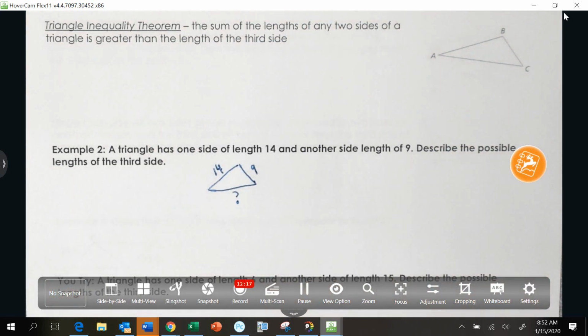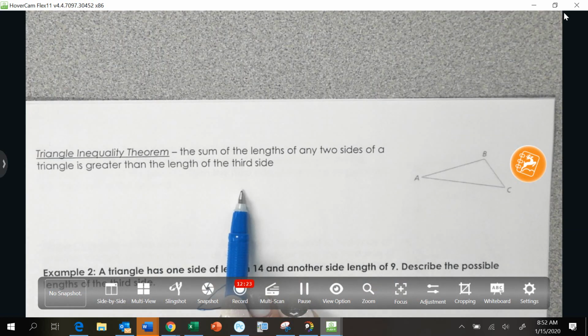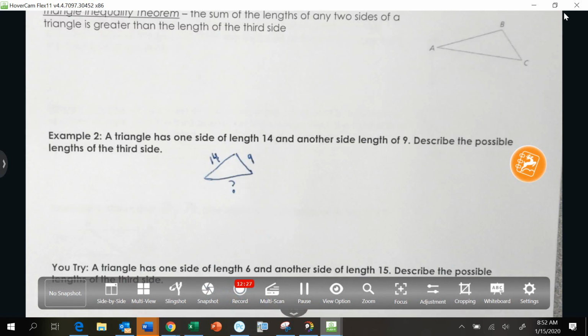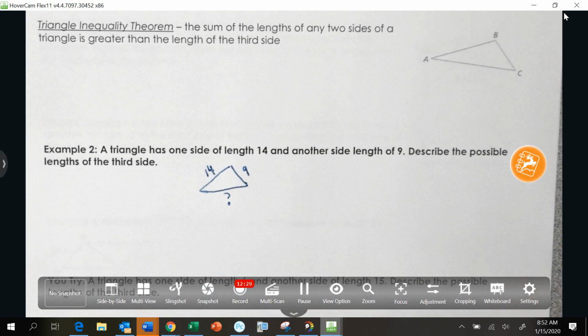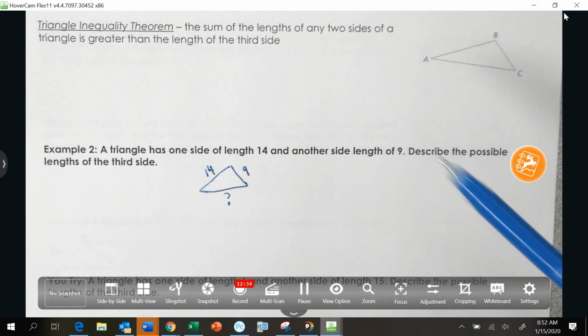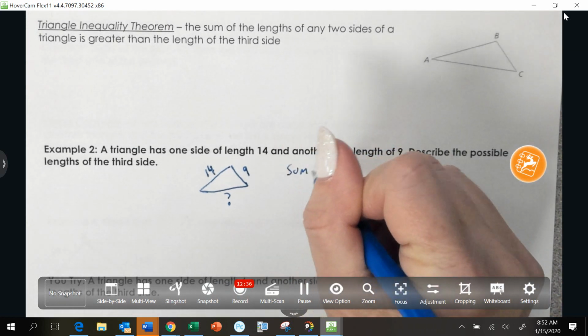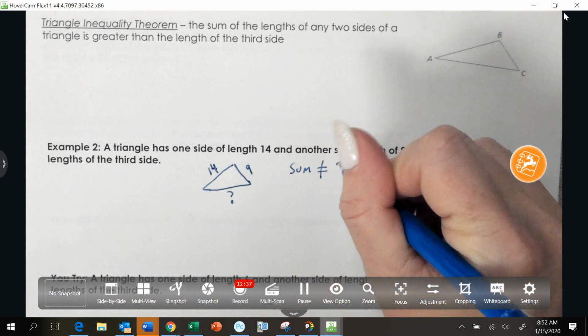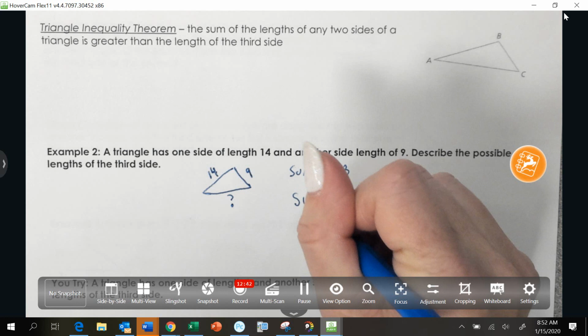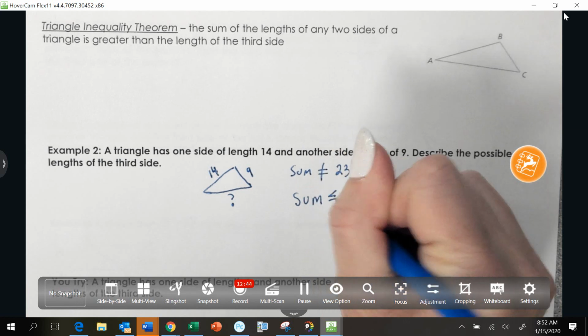What's something that we know for sure about that third side using the triangle inequality theorem? It can't be 23. Can it be more than 23? No.